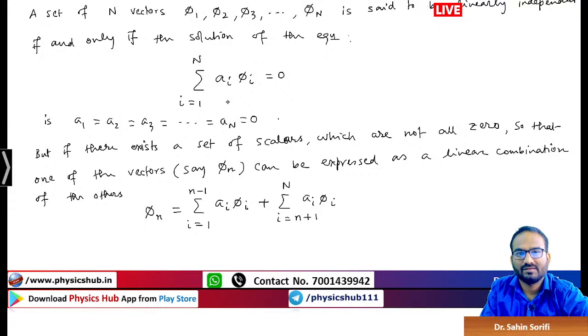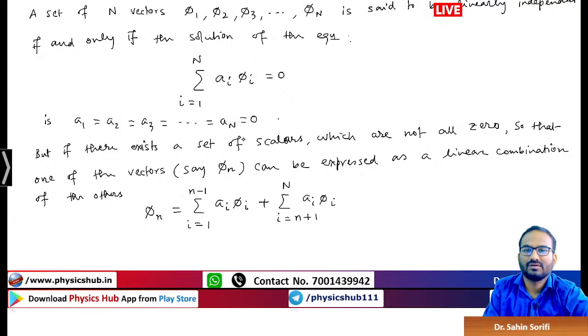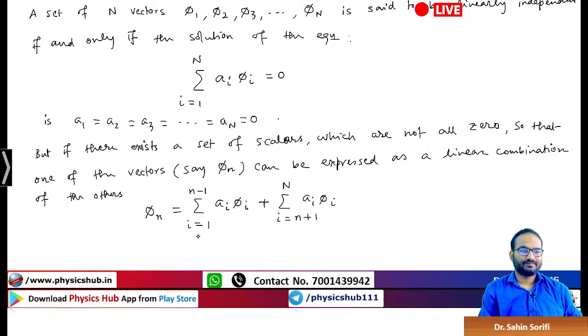So somewhere between phi 1 and phi N, we have this phi small n, midway maybe, some other place. So you take a sum from i equals 1 to n minus 1, then phi n comes, then n plus 1 to N. If we can represent it in this way, then we can say that set is a linearly dependent set.